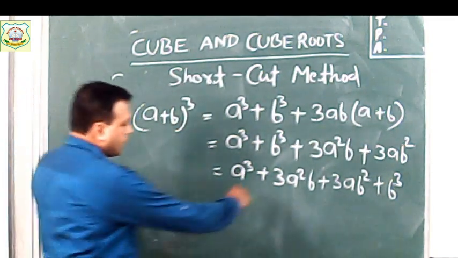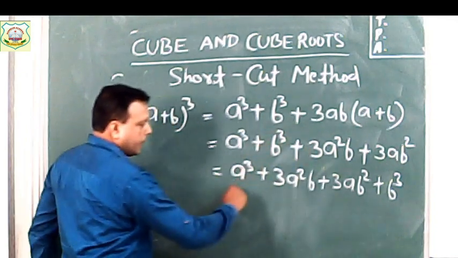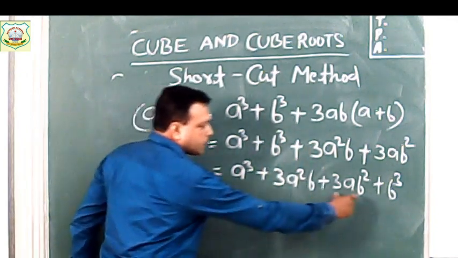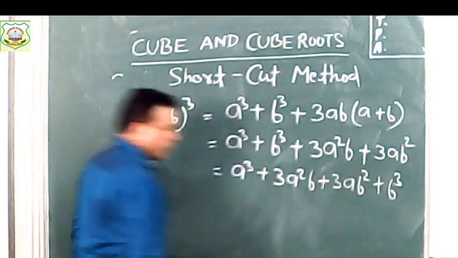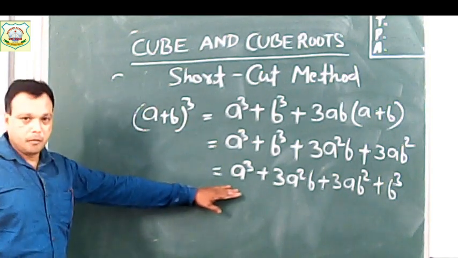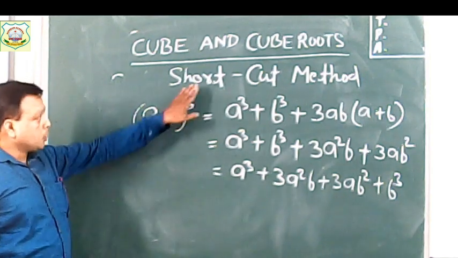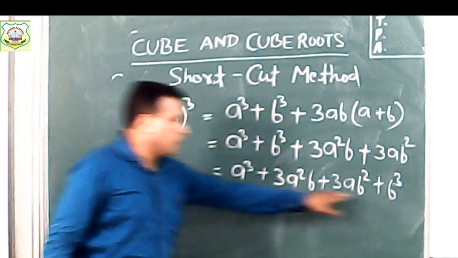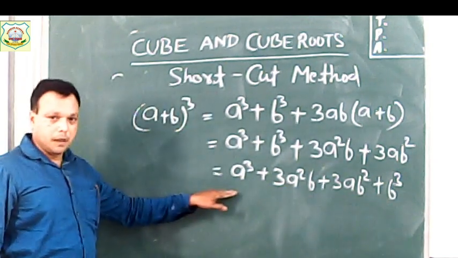We have got a cube, now we will arrange it: a cube plus 3a square b plus 3ab square plus b cube. This is the final. When we use the column method, we will use this expanded formula.